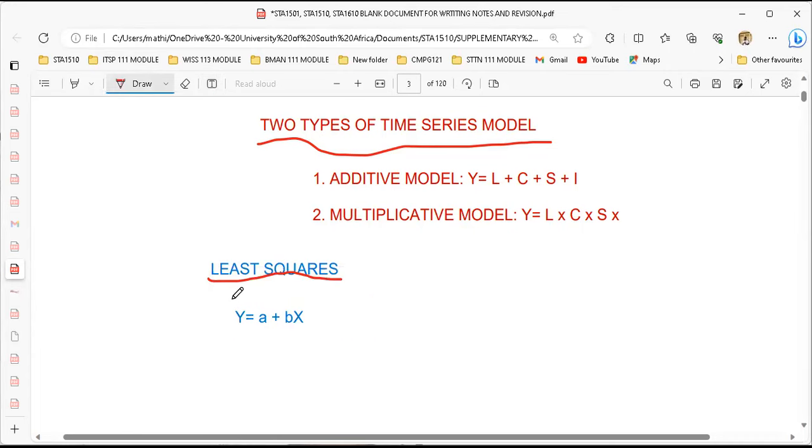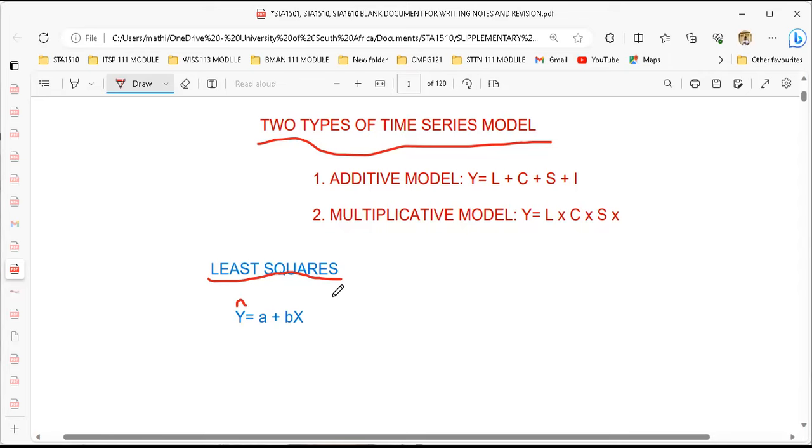Now when you are dealing with the time series, you will sometimes be given the number of years, and then they give you the y values. You need to find the transformed x values so that you can use those values to find a and b. So for you to find the least square equation, this is our least square equation.